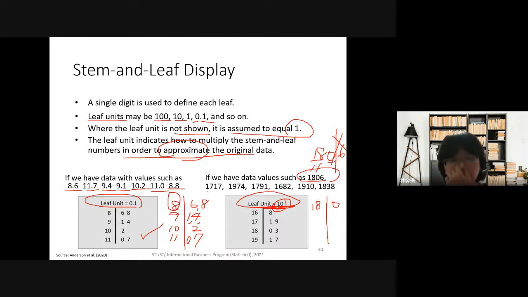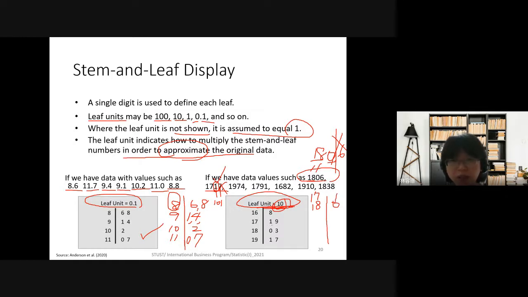Here you can also see such data, 1717. Today our leaf unit is 10, so this is unit 1 and this is unit 10. Anything less than such a unit, we neglect.